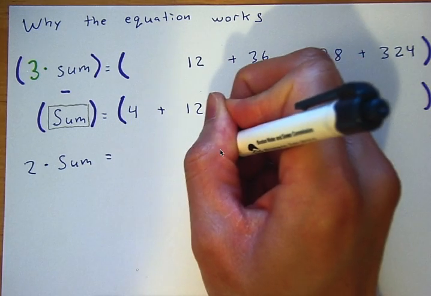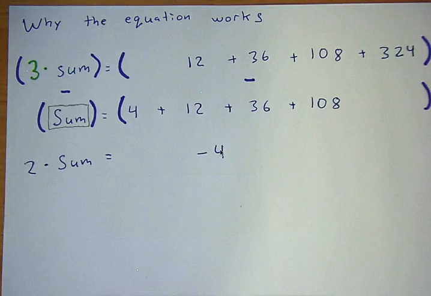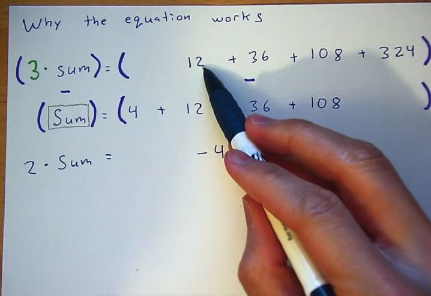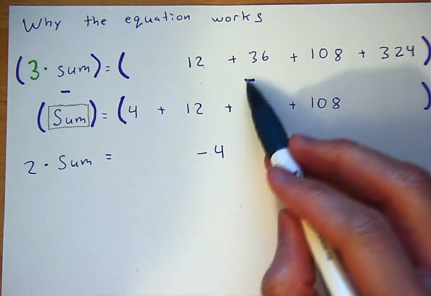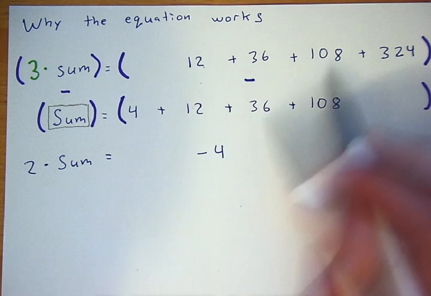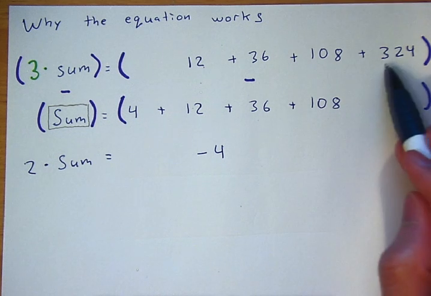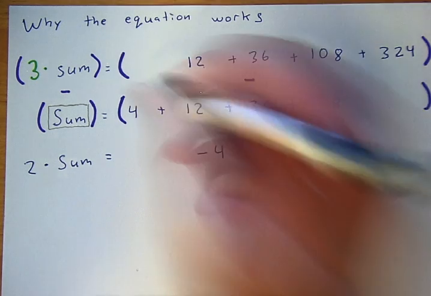Here's my negative 4 right there. 12 minus 12, 0. 36 minus 36, 0. 108 minus 108, 0. 324 minus 0 is 324.